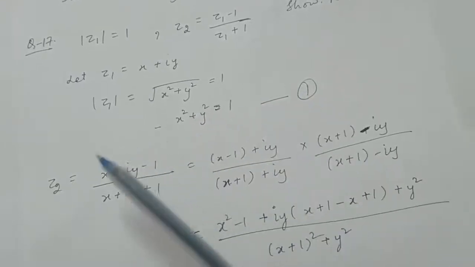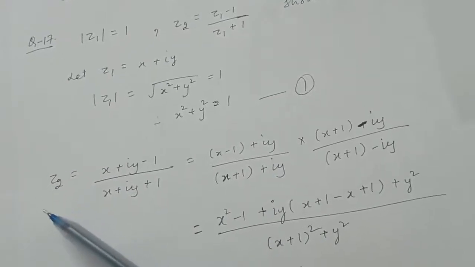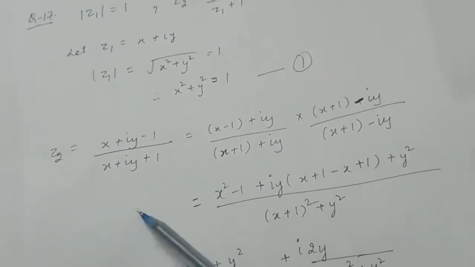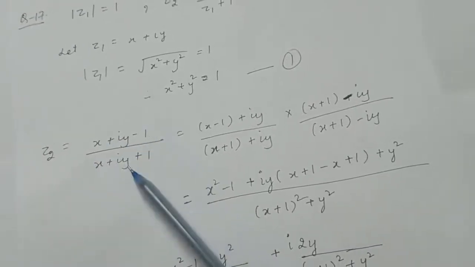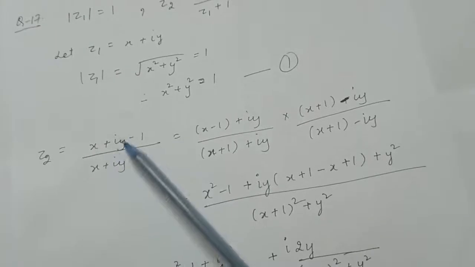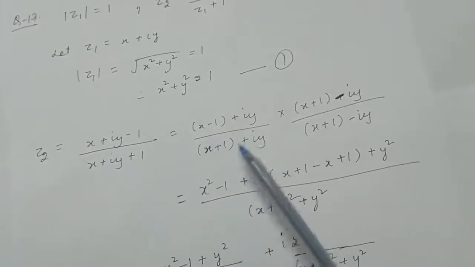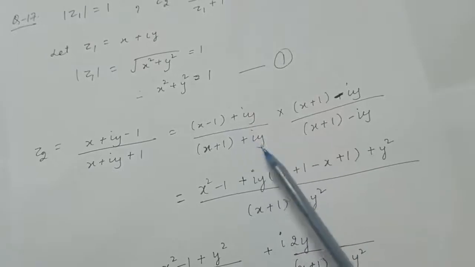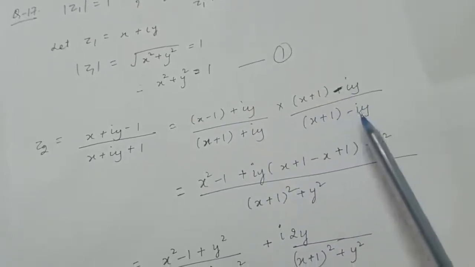Now see, we have to show the real part of z2 is equal to 0. For this, first of all, calculate the real part of z2. So z2 is (z1 minus 1) upon (z1 plus 1). In place of z1, I have just written this. Now take the real part and imaginary part separately, right? And rationalize it with x plus 1 minus iota y.